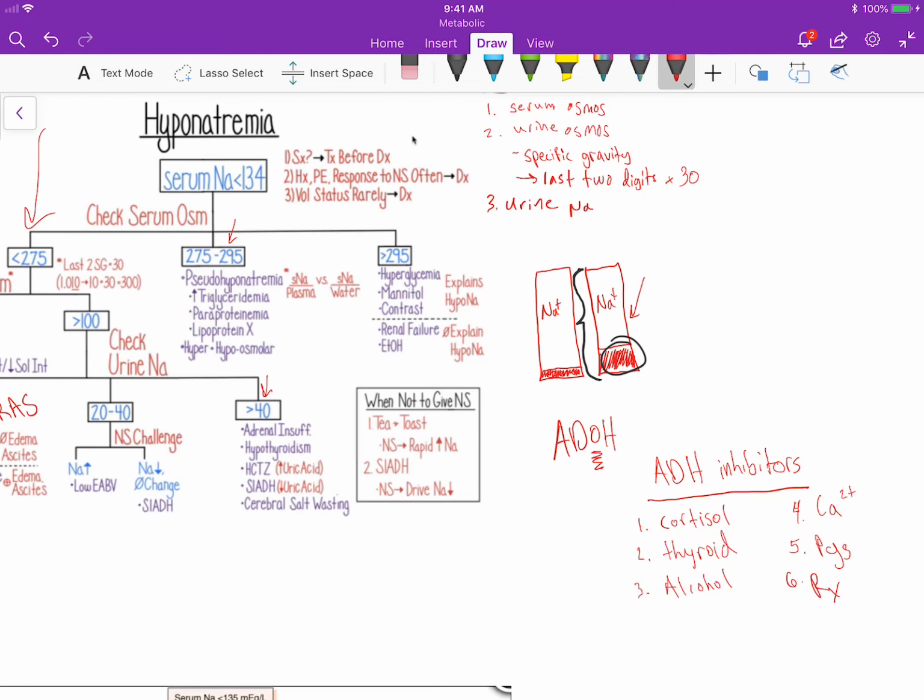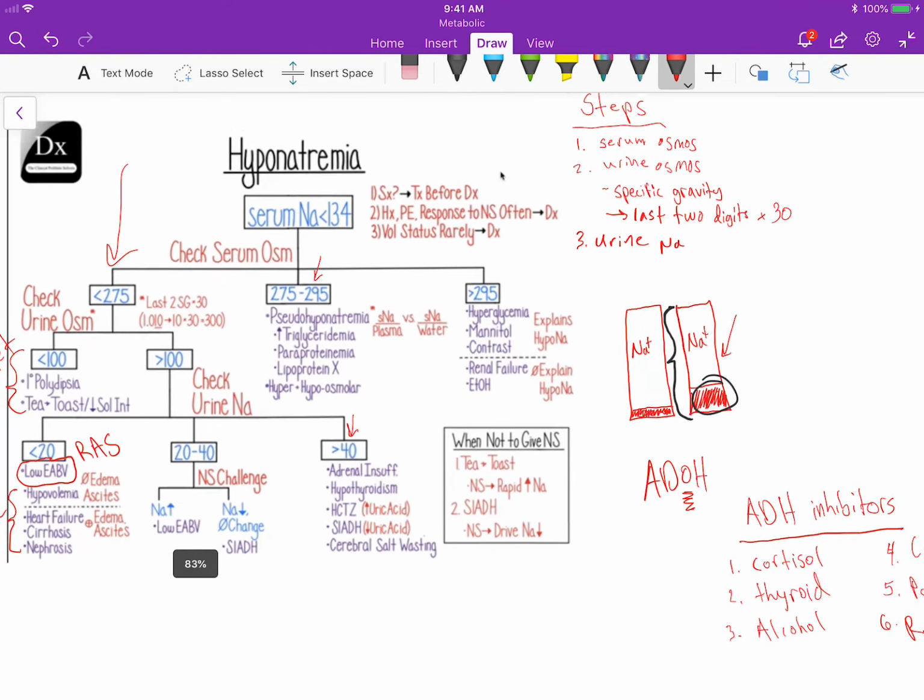So drugs such as lithium, amphotericin B, Vaptans, tetracyclines, whatever. And again, they may not be ADH inhibitors, but their presence prevents the release of ADH, and perhaps their abundance may inhibit it. All right.